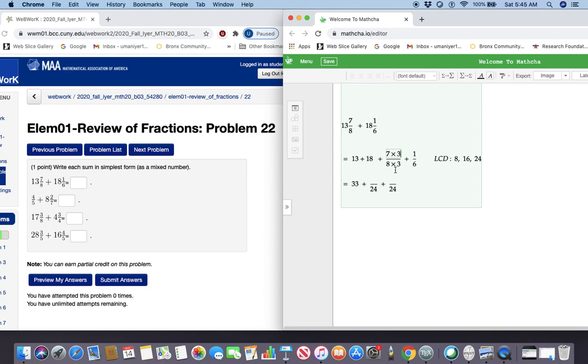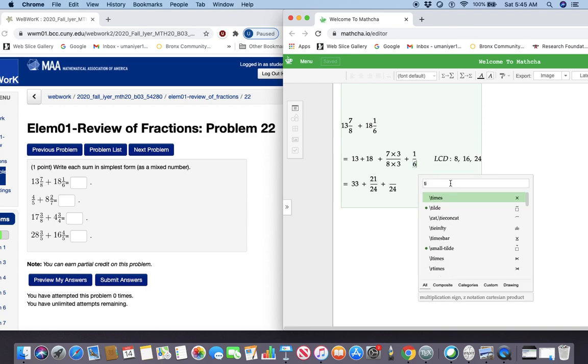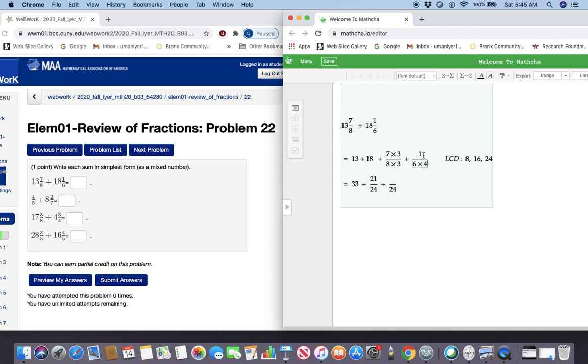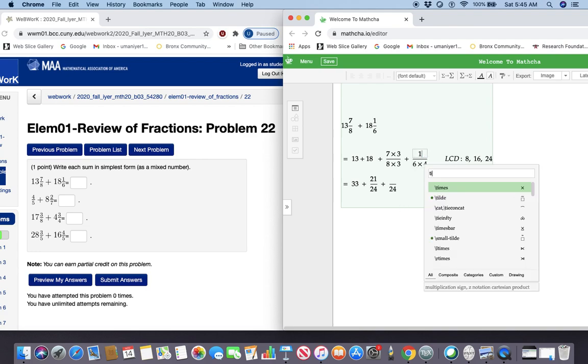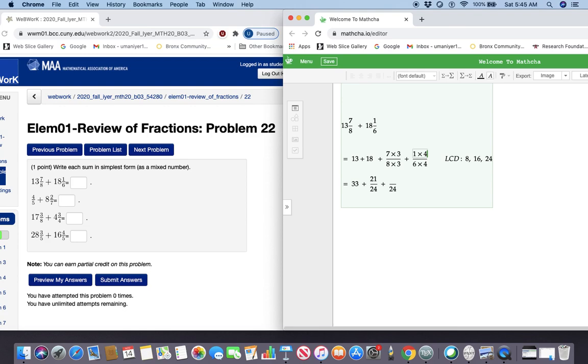So 8 times 3 is 24, 7 times 3 is 21. Likewise, how do I go from 6 to 24? 6 times 4 is 24. Whatever I multiply to the denominator, I multiply to the numerator. 1 times 4 is 4.